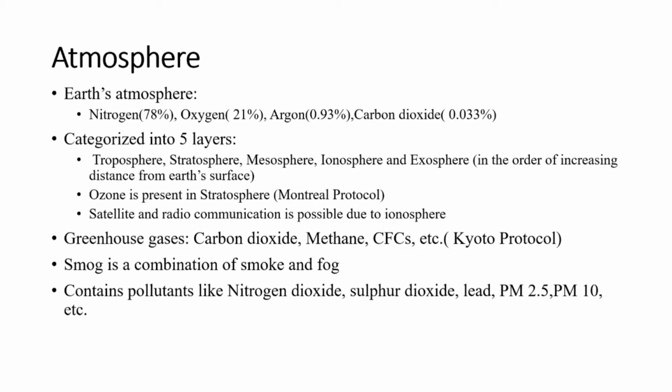Everyone must have felt that in summer we move to hilly regions as they are much cooler than the plains. It is because in the troposphere temperature decreases with increase in height or altitude.